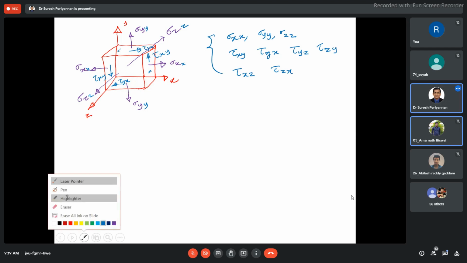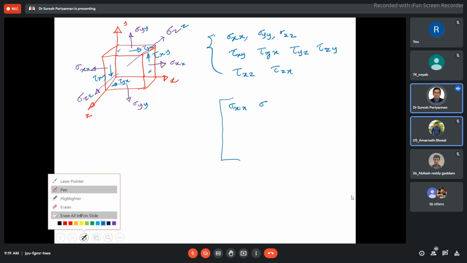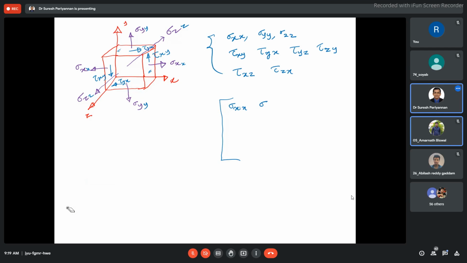First I write this matrix. Sigma x, tau xy, tau xz.